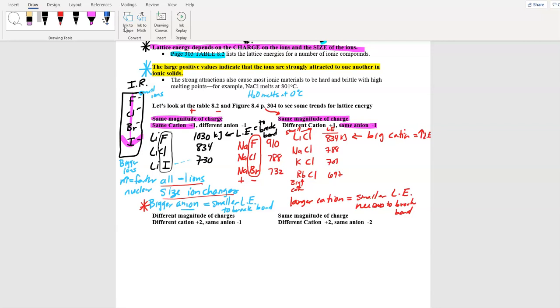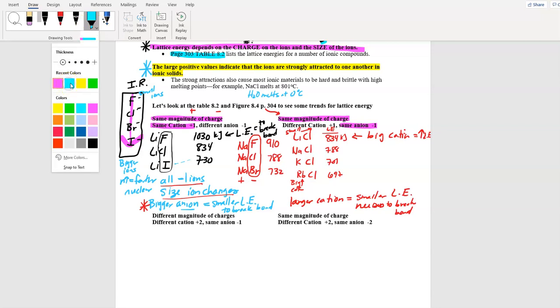Well, if you're going to change the metal and change the nonmetal, what happens if you change the charge? So here's the next one. Remember up here, lattice energy depends on the charge and the size. Well, we looked at size, but now what happens if we change the charges? So let's say +2 versus -1. Different cation, but the same anion.